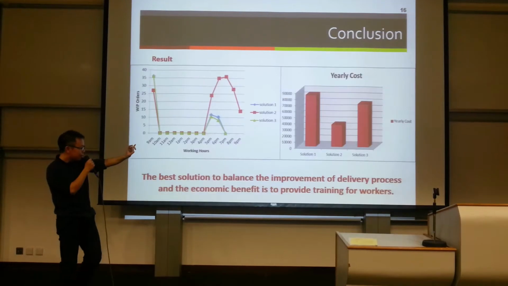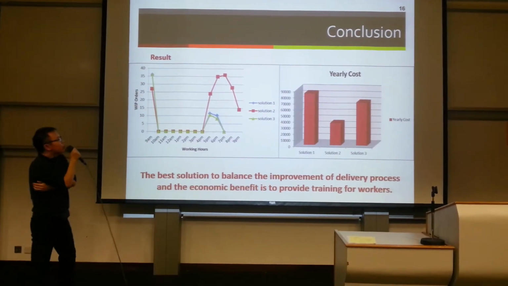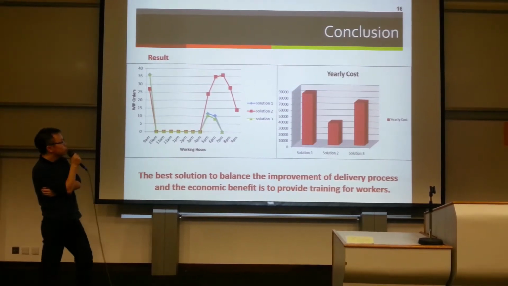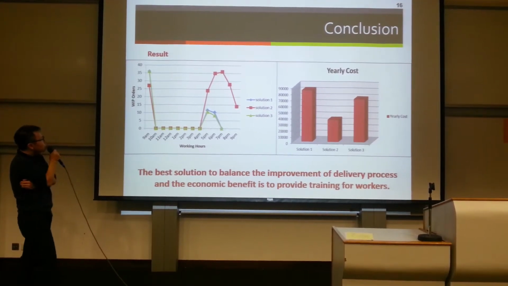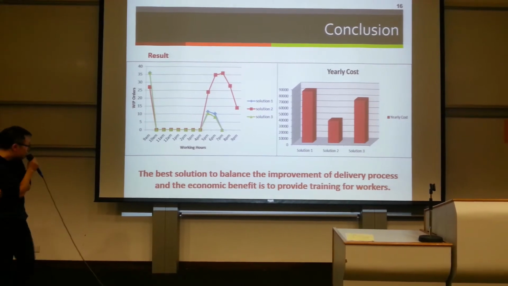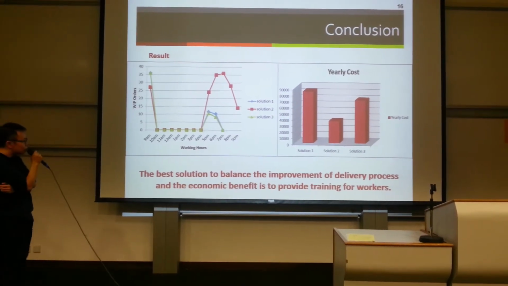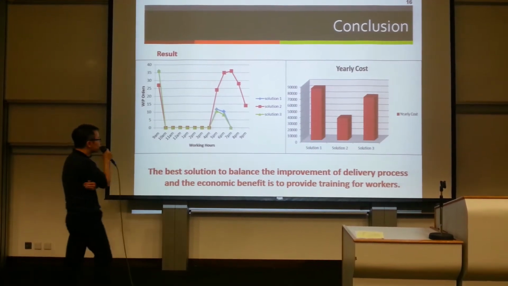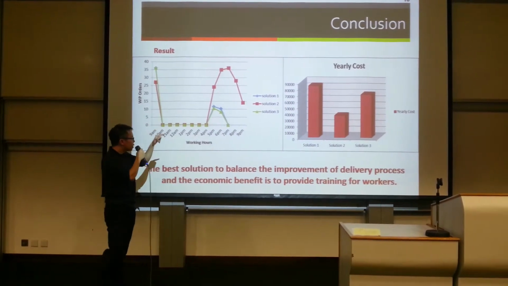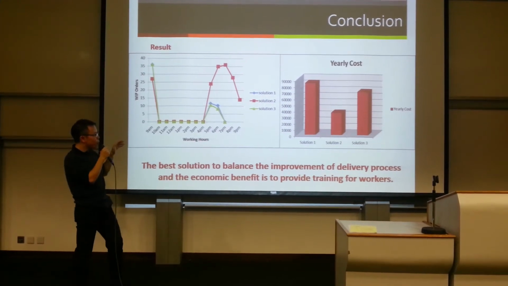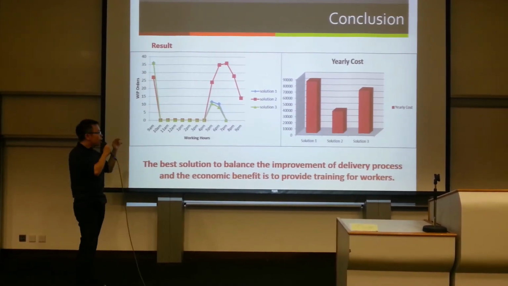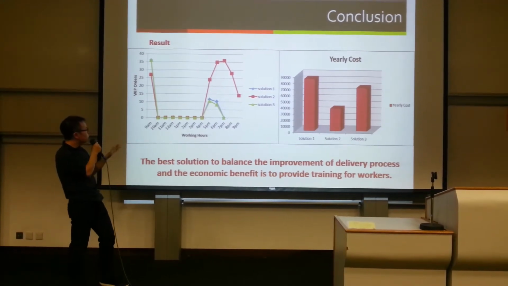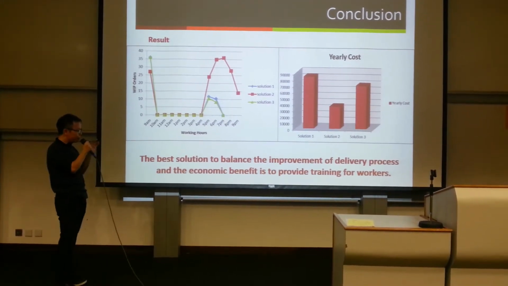Okay. Next slide. After a series of calculations, we have our conclusions. If we look at the first picture, we could find that solution 2 did not work, because if you see the red line, you can easily find that even if we extend our working time, there are still around 15 orders left each day.